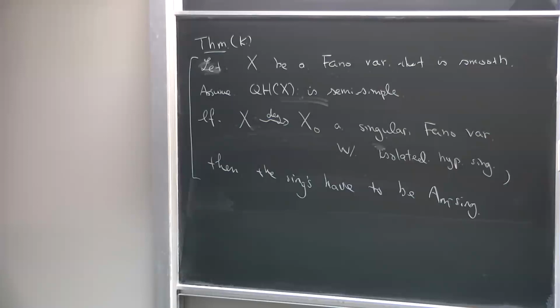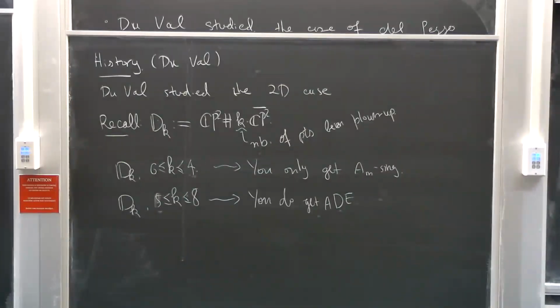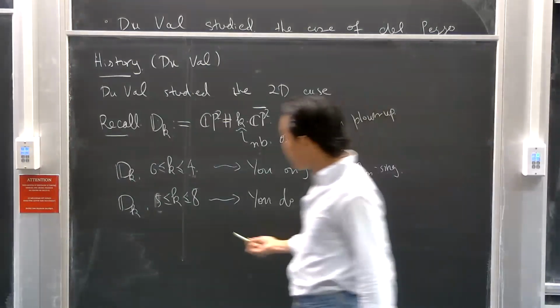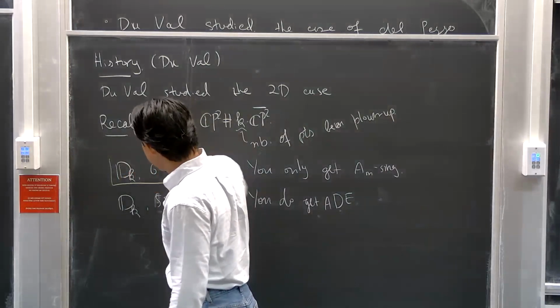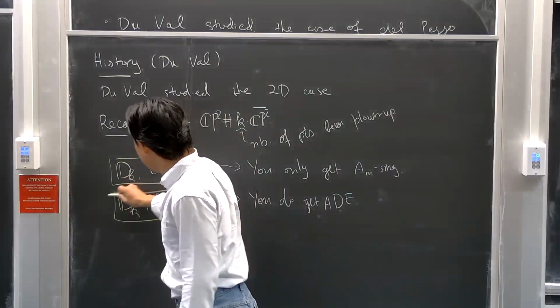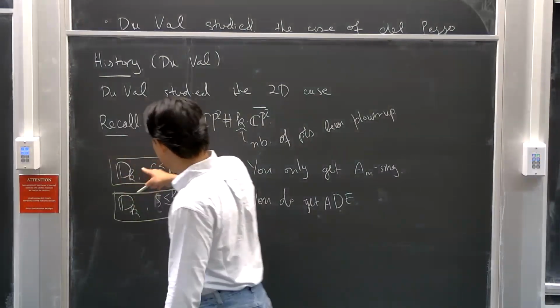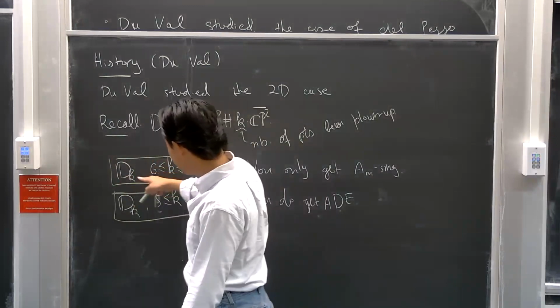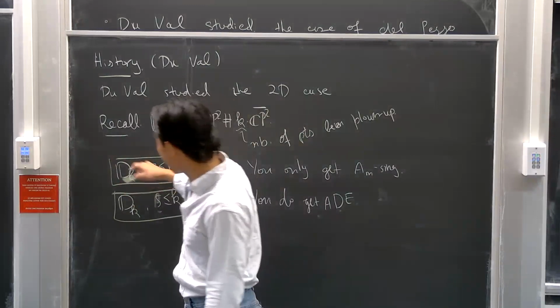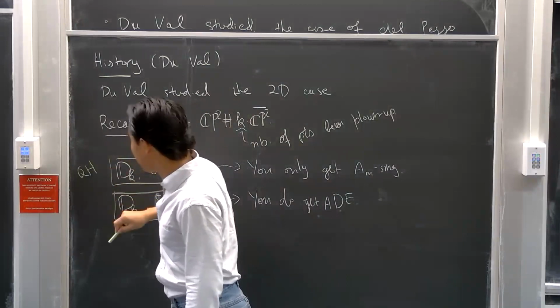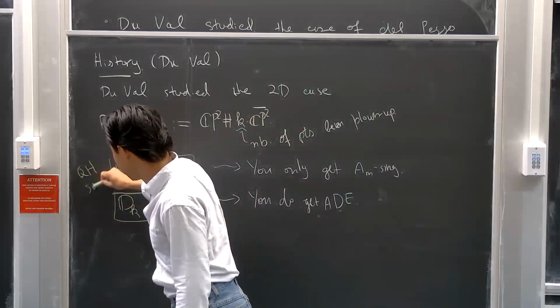And also this is the, so for the spectral surfaces of the first category, the quantum cohomology is actually semi-simple.